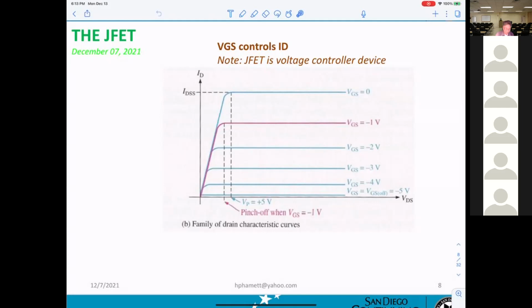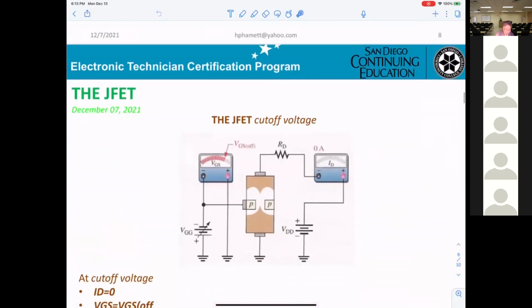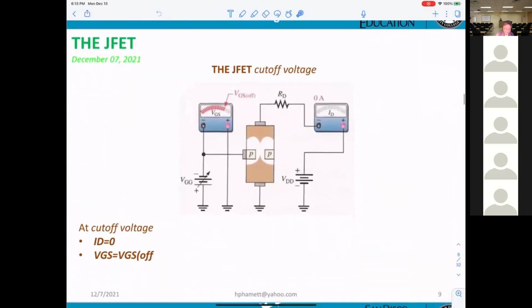VGS or VGS off? VGS off. Okay, thank you. Or VGS in general. The last one will be VGS off. They say the JFET works from 0 to VGS off.